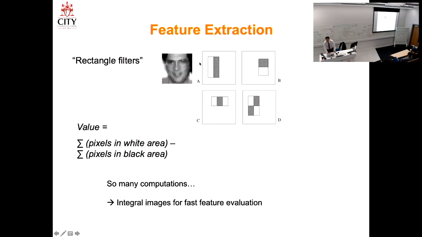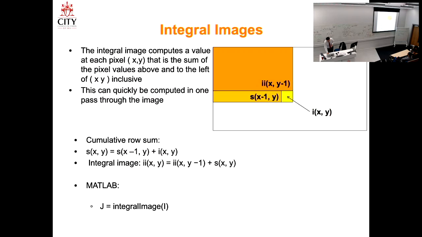The concept here is I calculate something called an integral image. So what is an integral image? I create one image once, so that the value in that image, this is no longer an image, this is just a matrix, in each pixel is the sum of all the values to the left and above.